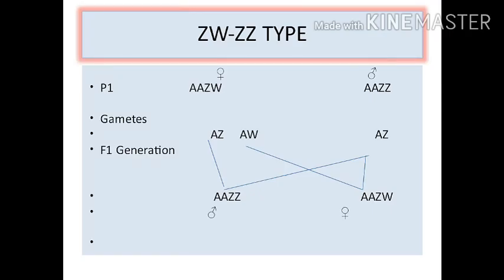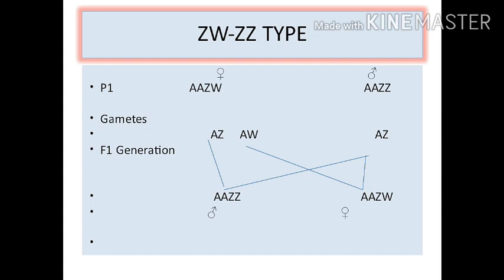This is a cross between the heterogametic female and homogametic male. The heterogametic female produces two types of egg. One carries the Z chromosome and another one carries the W chromosome. The homogametic male has Z chromosome.